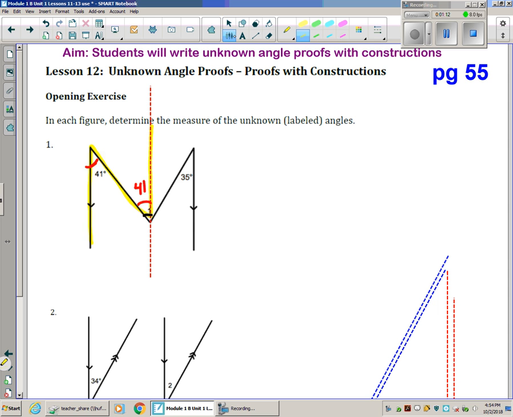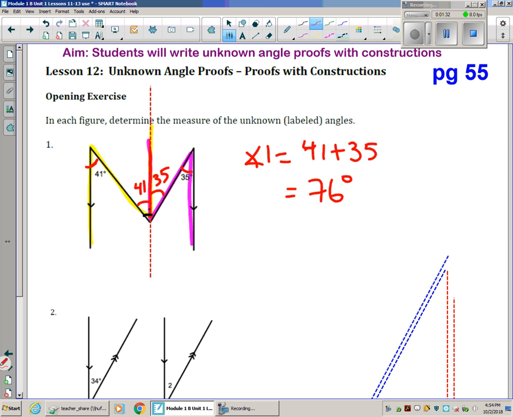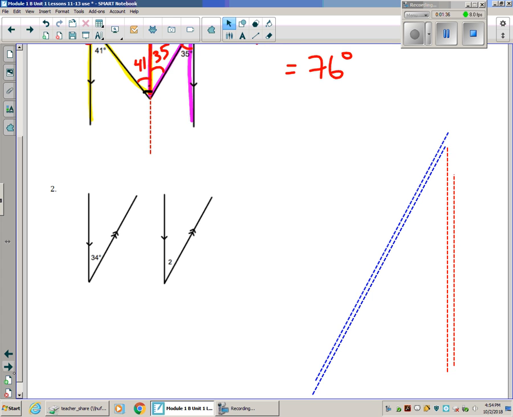You repeat this step and you're going to see that there is an inverted Z. So 35 right here. It's actually 35 right there. Now I could say that angle 1 is the sum of 41 plus 35. In this case, it's just 76 degrees. Okay, auxiliary lines and then alternate interior angles.